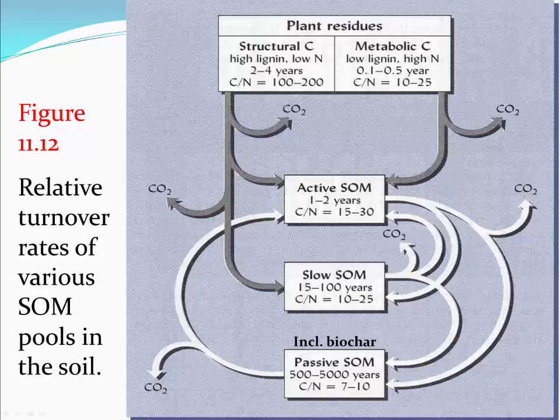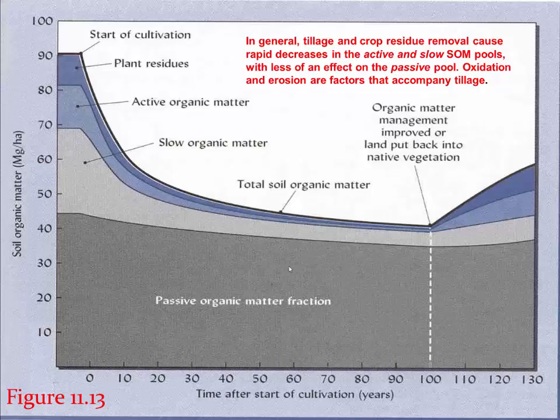Well, this is a picture that shows the course of organic matter over a number of years. The other graphics were showing the cycle within 1 year. Now we're looking at it over multiple years, and you can see that the passive pool stays pretty constant over time, but the slow pool and the active pool are very dynamic, and of course the plant residue is very dynamic.